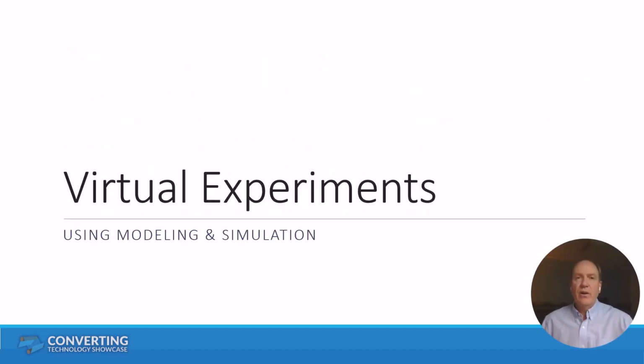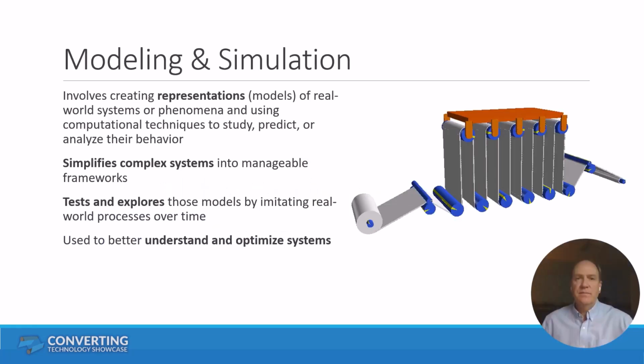Another alternative I call virtual experiments. And these are using models and simulations in place of physical testing. If you're not familiar with this, these are basically representations or models of a real-world system. I have a graphic on here showing an accumulator in a web line.